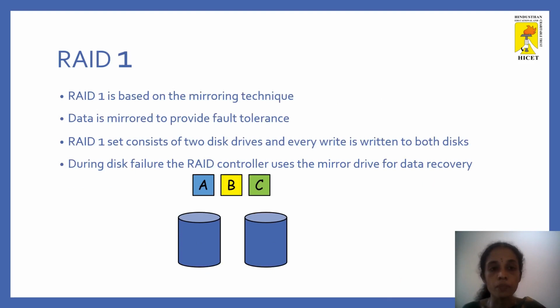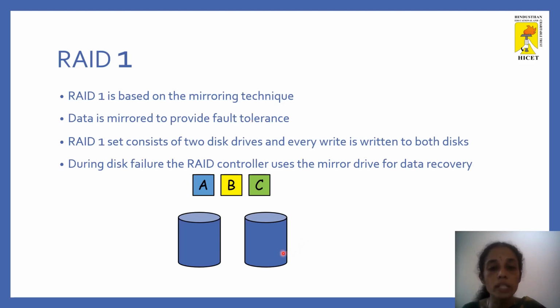Next level is RAID 1. RAID 1 is based on the mirroring technique, so it provides a replica of the data. So it provides fault tolerance. Since a copy of the data is available, if one disk fails, you can retrieve the data from another disk.